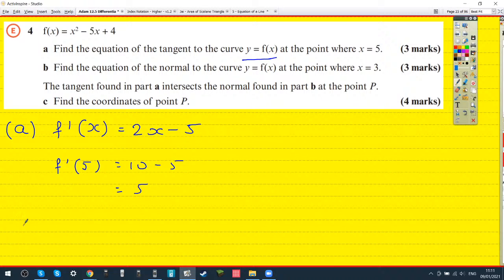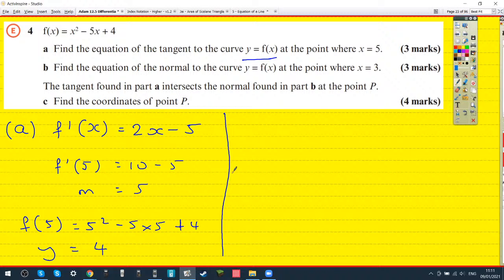For x, so it'd be 5 squared minus 5 times 5 plus 4, which gives you 4. Yeah. So that's the gradient. No, that's the y coordinate. And then you use y equals mx plus c.